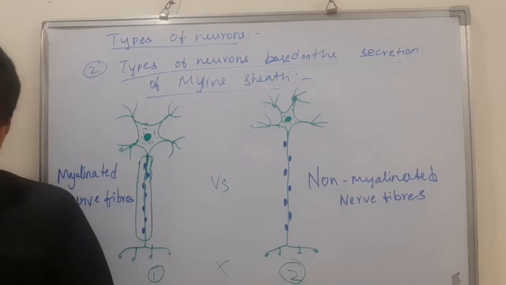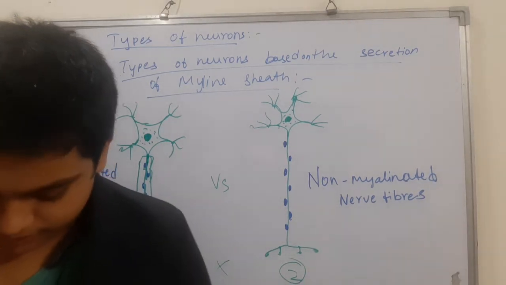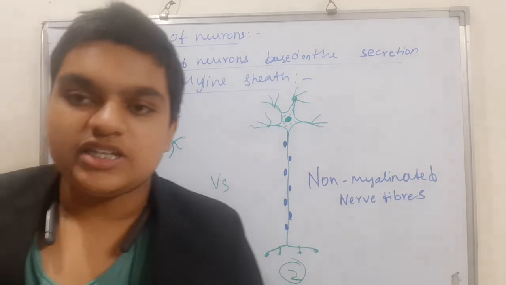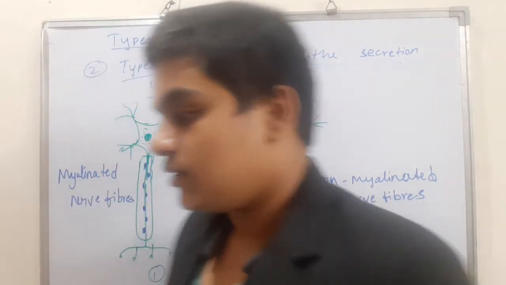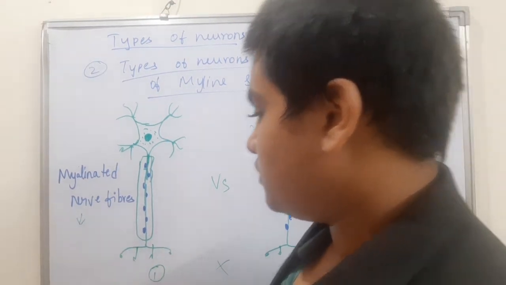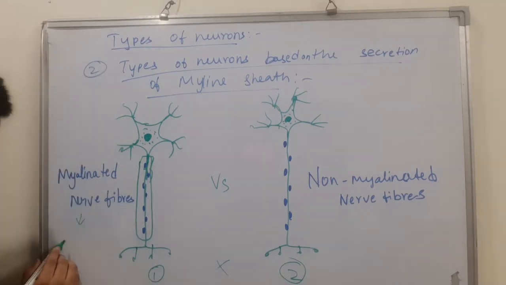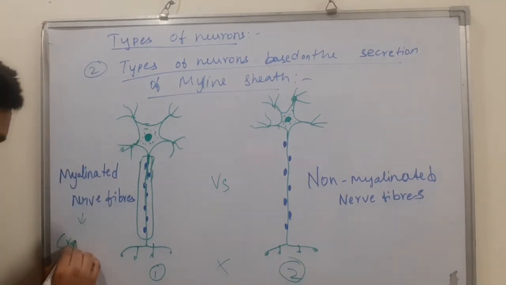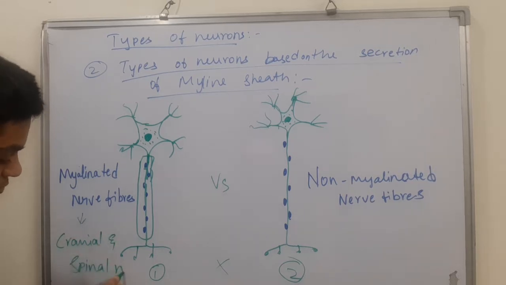Now let us see their location, where these are located. This is also very important. These myelinated nerve fibers are generally present in the spinal cord and cranial nerves. They form cranial and spinal nerves.